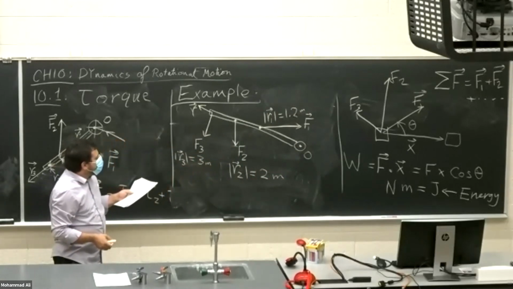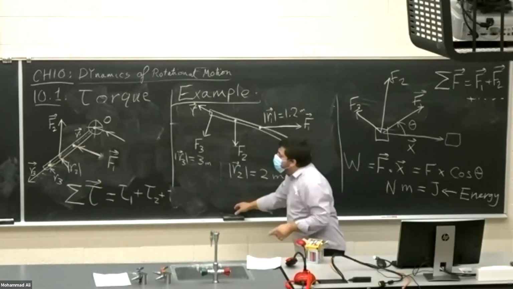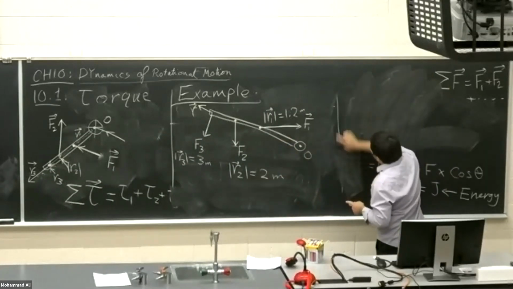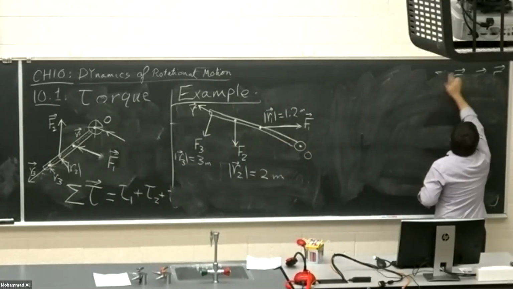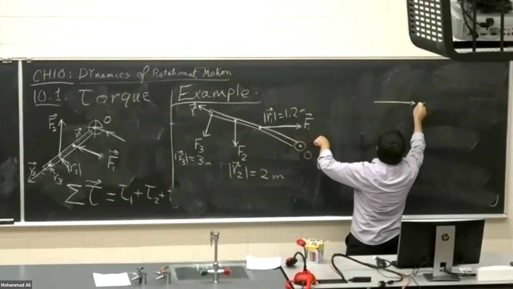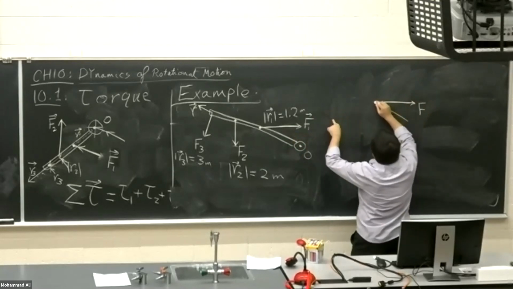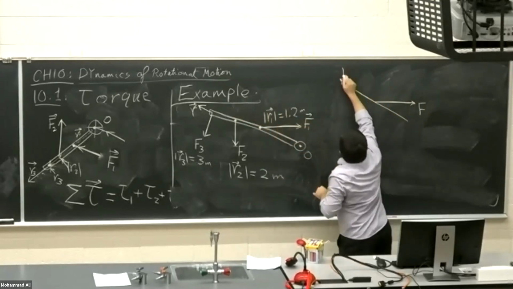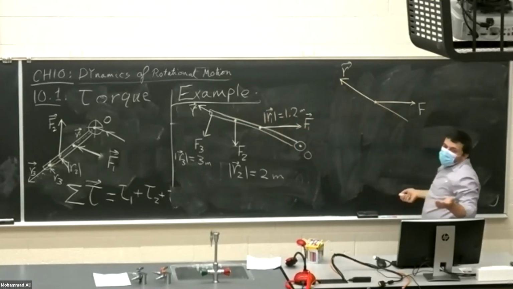What about the angles? Now, this is an important point, to locate the angle and to know where this angle is. For example, this is F1. This is the stick, the rotated stick. But R to that direction, this is R. Where's the angle?